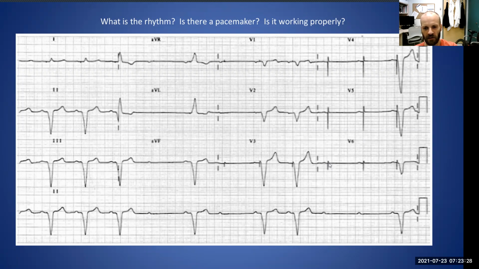The only subtle thing that I would say, you had a good stab at the rhythm. You certainly identified that there are more P waves than QRS complexes, but I wouldn't say that this is second degree AV block. I would say that this is complete AV block, because you can see here where the pacemaker isn't capturing that you've got multiple P waves that don't get through.